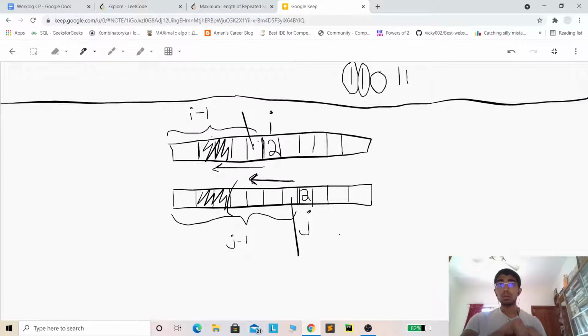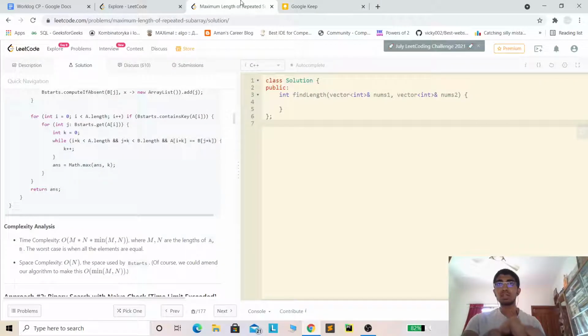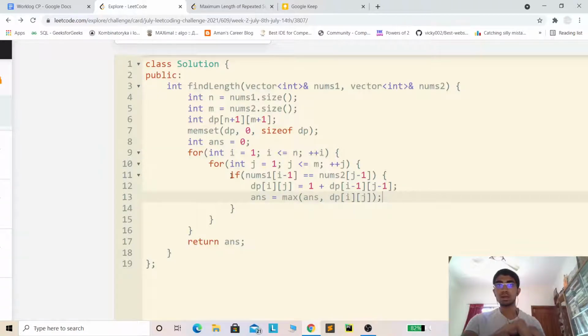And now how do we ensure that for i minus 1 and j minus 1 it ends at this? That is ensured by this condition. We are computing the states only if the values at those indices are equal, and hence we can ensure that the longest common subarray is formed and not the longest common subsequence.